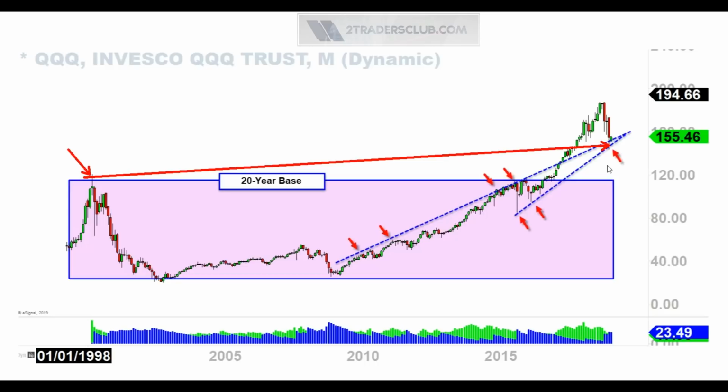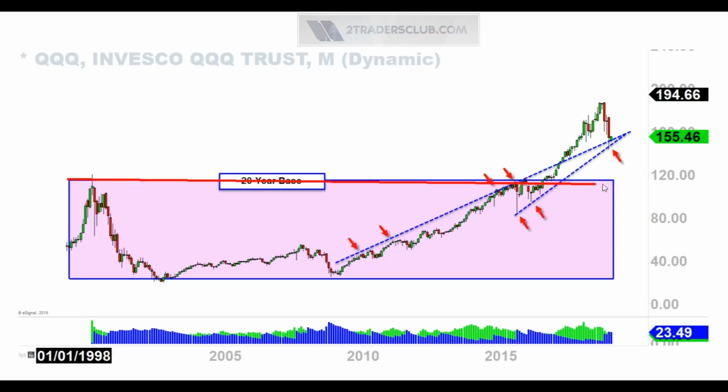Are you telling me that was a bubble? If the market goes up 1,000% in 13 years, that's a bubble. Market goes up 20% in 20 years, we got a lot more to go. We are nowhere near a bubble. We just came out of this 20-year base. This, ladies and gentlemen, was a recovery phase, right?